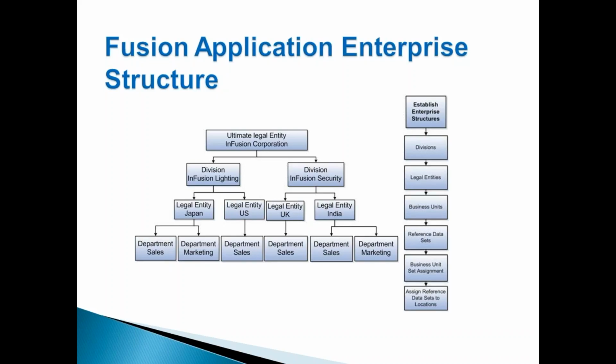We will look into reference data sets in further detail, because if I start talking about reference data sets, we'll talk a lot. Right now, just try to understand that a reference data set is used for sharing common information across applications or specific to an application.